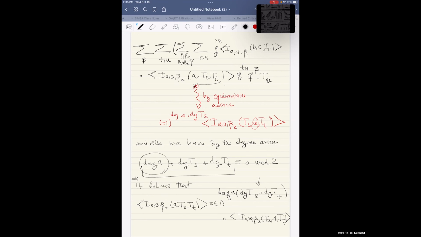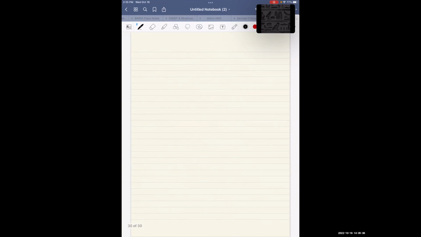So I can do that, and the result of the calculation is, furthermore, the sum from 1 to n of degree of alpha I. This is 2 times 1 minus g times dimension of X, minus this thing, plus 2 times 3g minus 3 plus n.